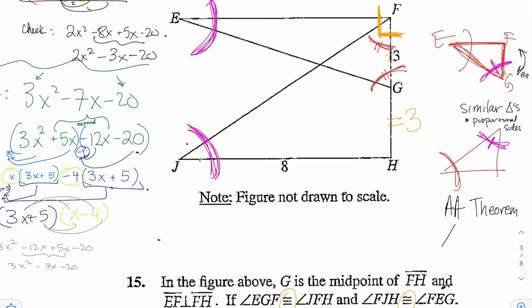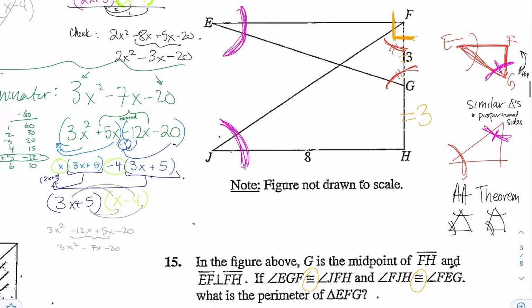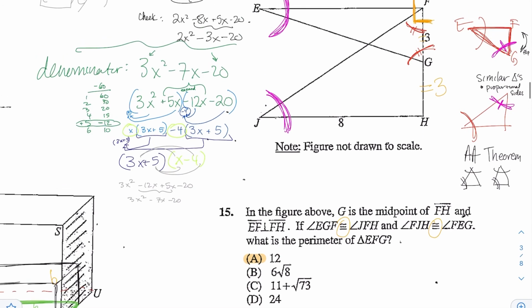If you have two triangles, you know that one angle's equal to the corresponding angle, and the second angle corresponds to the second triangle's angle. All three angles are going to be equal because they have to add up to 180. So here, this angle F up here is 90 degrees.